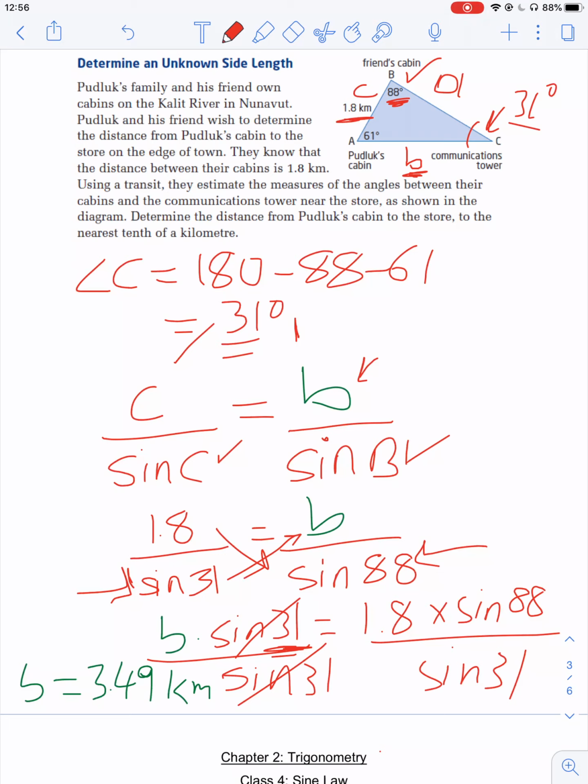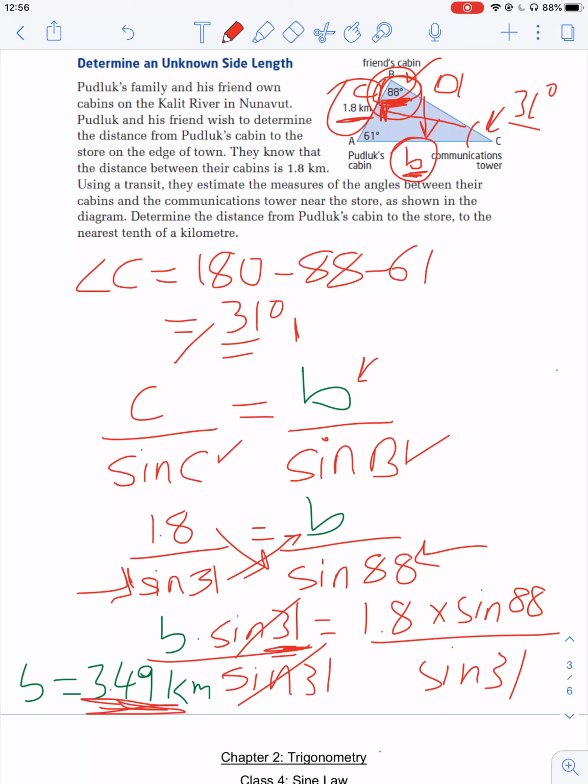It's bigger than 31, right? So side length B will also be bigger than side length C, okay? Because this angle C determines how big the side will be. So if this is 31, the side opposite to that, in this case, is 1.8 kilometers. But because angle B is bigger, it's 88, then side length B, which is opposite to that angle, has to be bigger because this angle is bigger. And that is the case, as you can see.